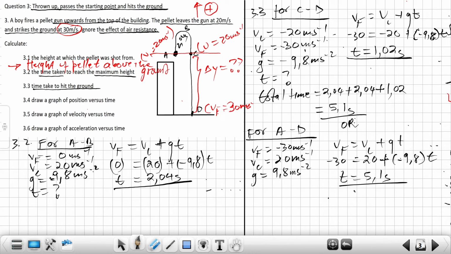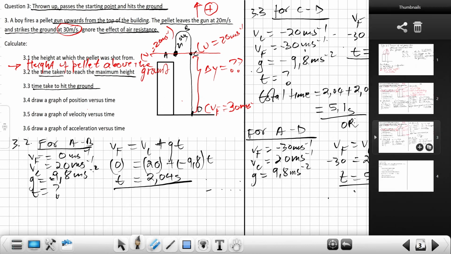So hence I always try to show you other ways of doing it. We cannot be programmed to say this is how we are going to approach vertical projectile, but it will always be a form of you being able to draw your sketch, and then from your sketch you just manipulate the information that is given, and you will probably get it right.